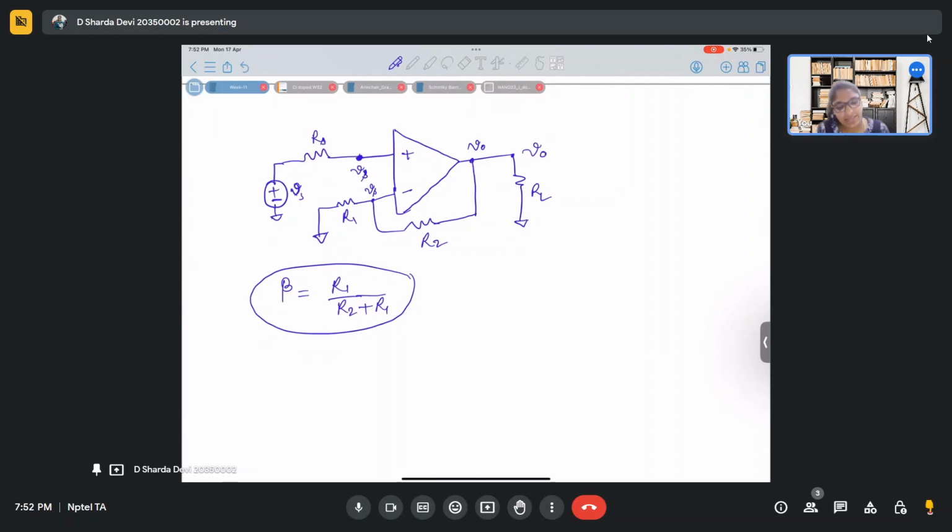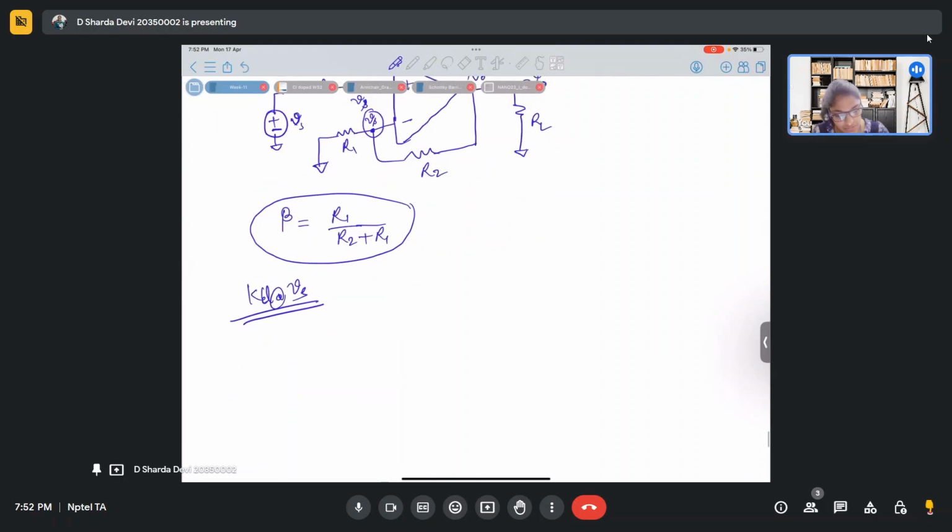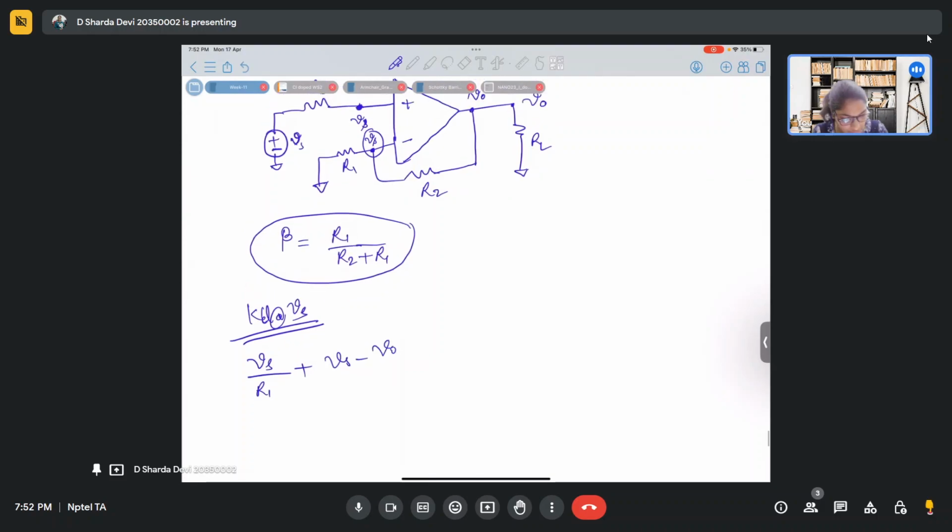So what should we do? Let's write KCL at node Vs. This Vs I'm talking about. KCL at Vs: Vs by R1 plus Vs minus V naught by R2. Will there be any current going in?